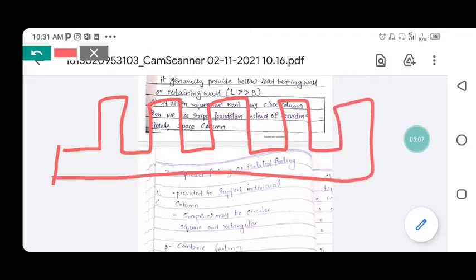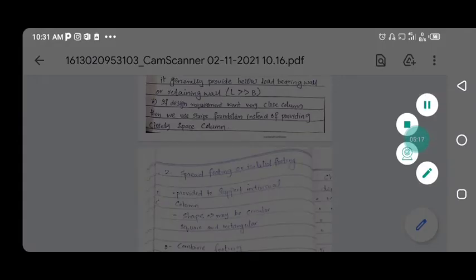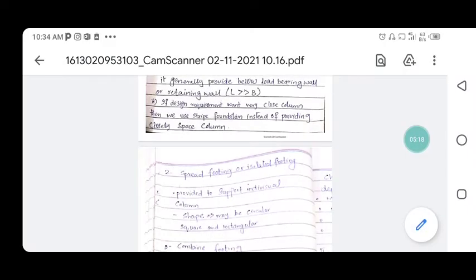Multiple columns have the same foundation. So if our requirement wants multiple columns, more than 3 or 4 columns, and their foundations are overlapping, then in this situation we will provide strip foundation.